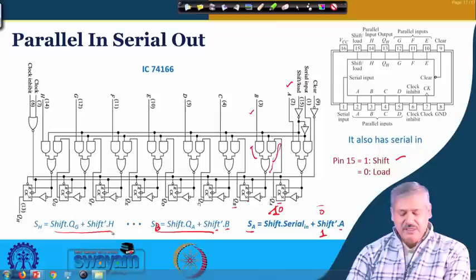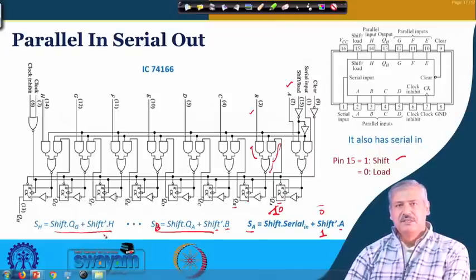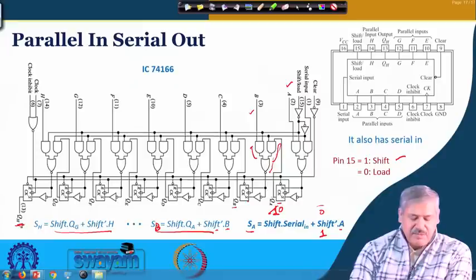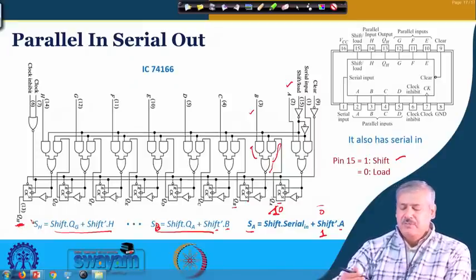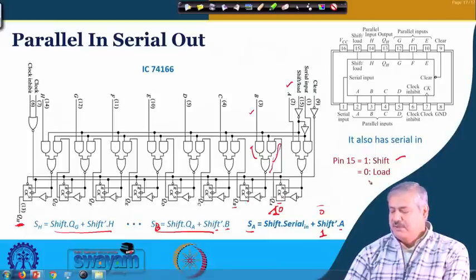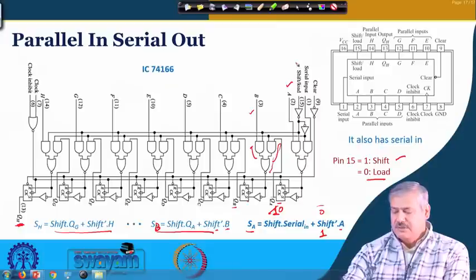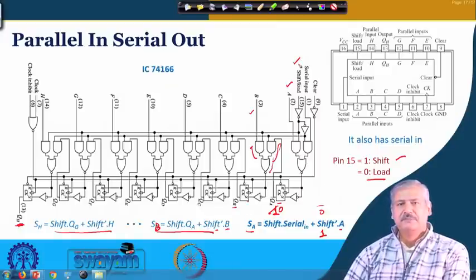So, similarly over here you can see. Is it okay? This is parallel in, serial out, and the serial out you are taking finally from QH. You can put it in parallel just by simply loading it, using this control input to be 0.